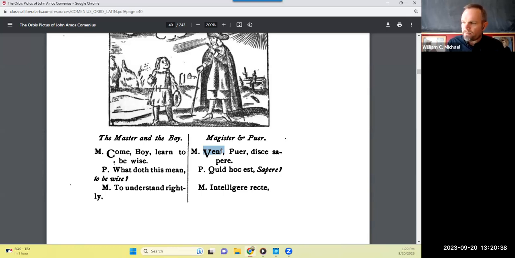So veni means come. Puer, boy. Disce means learn. So we can see that the translation is pretty simple. Now, you look at this word disce, that's the Christian pronunciation. Disce would be classical pronunciation. And you look at this word and you look at what's called the stem or the core of the word and ask yourself, where have I seen that in English?